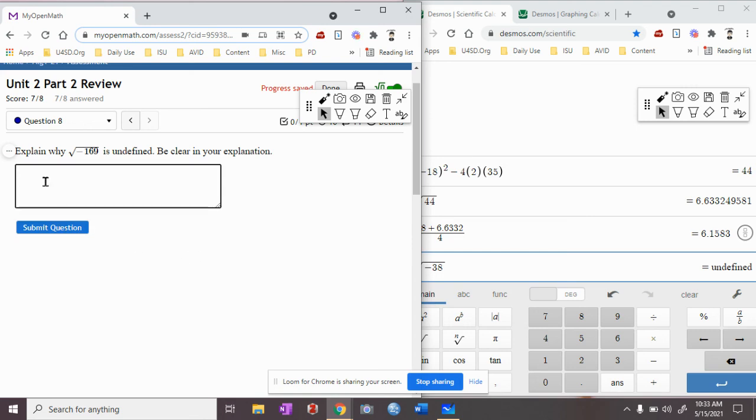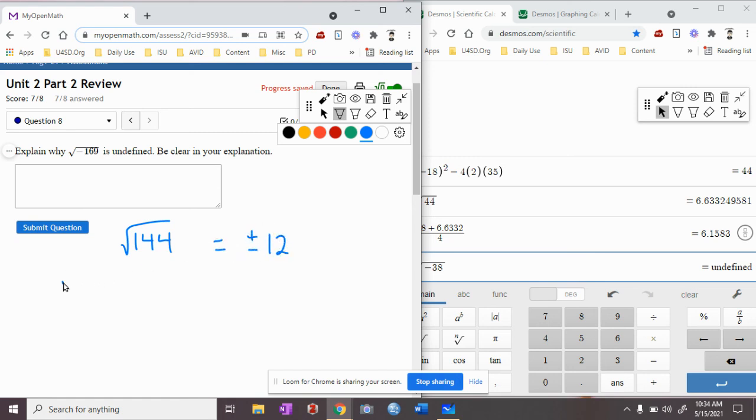So my big thing here, you can word this any way you want. But when we take the square root of a number, for example, if we take the square root of 144, I know that I can get plus or minus 12 because squaring a number means we do the number times itself. So 12 times 12 equals 144, and negative 12 times negative 12 equals 144.